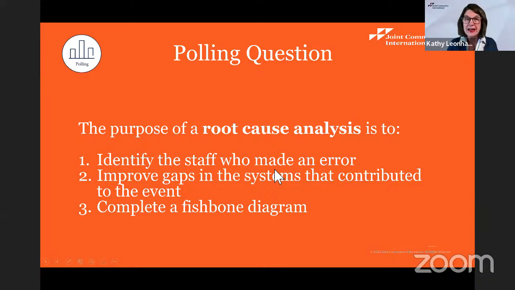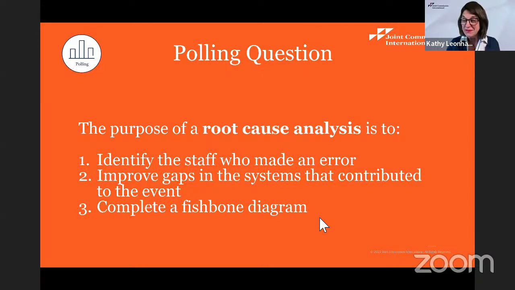Go ahead and add in the chat and just drop in 1, 2, 3, whatever number you think it is, because many of us come to this with different backgrounds, different experience with using the root cause analysis or the RCA tools. And I'm following the chat and I see a lot of 2s coming up.